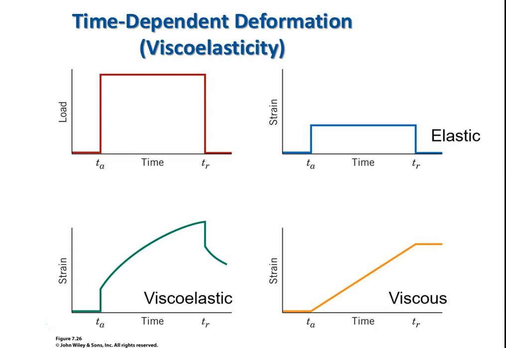So you have a material that is deforming and it's simultaneously trying to behave elastically, where its stress will be directly proportional to its strain, but it also wants to behave like a viscous material where its stress will be proportional to its strain rate, which is almost like the ultimate plasticity.